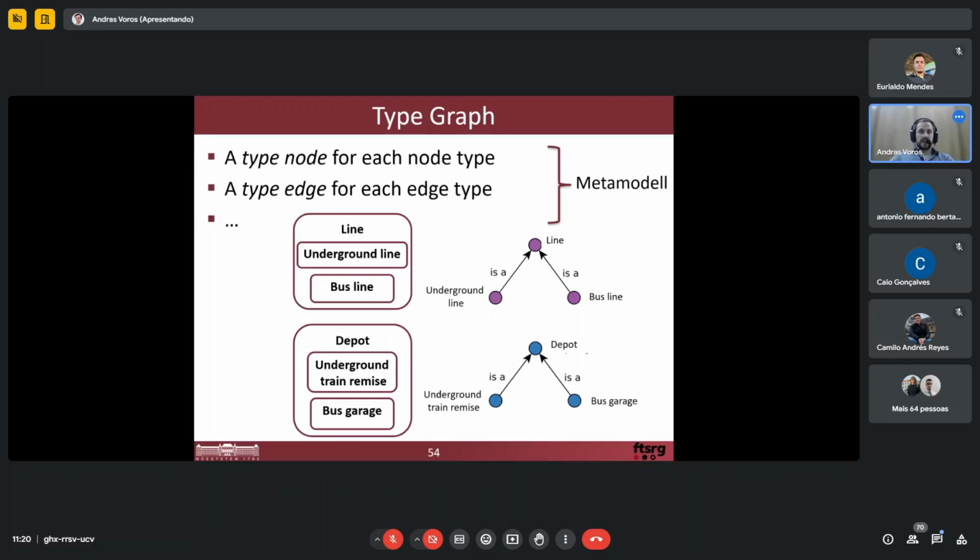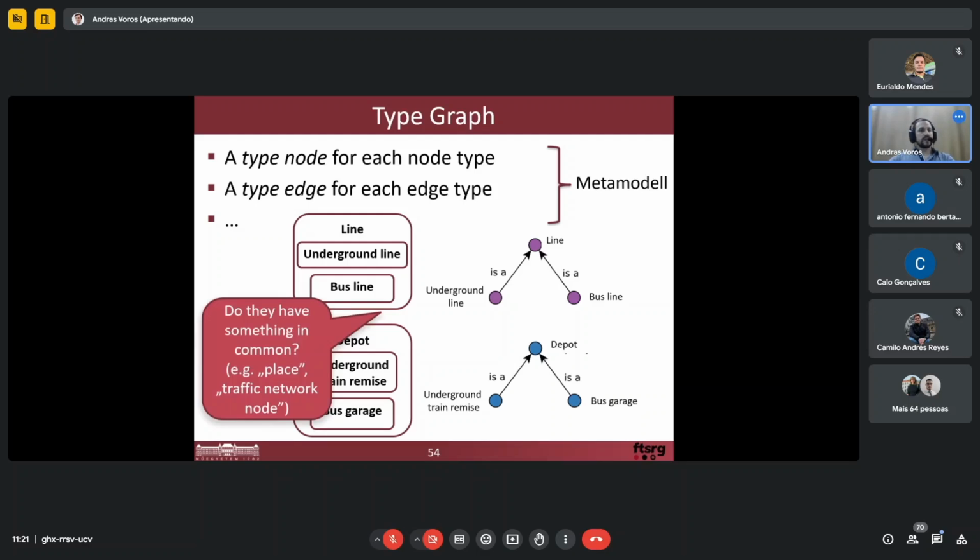So in this example, a line can be an underground line or a bus line. So an underground line is a line, and the bus line is also a line. So we can just tell the types of the nodes, and there is this special relationship, is-a, that refers to subtyping.